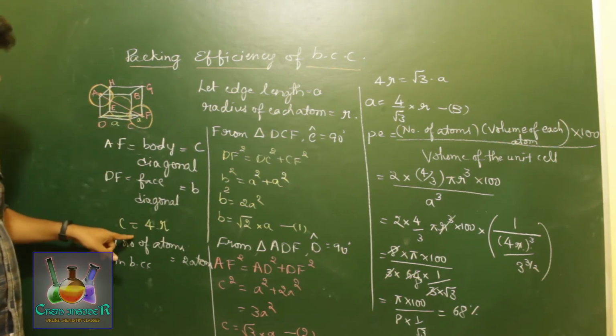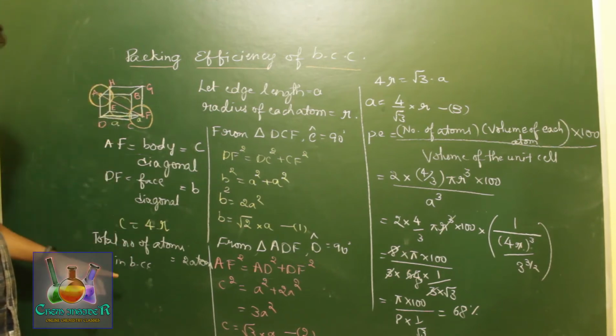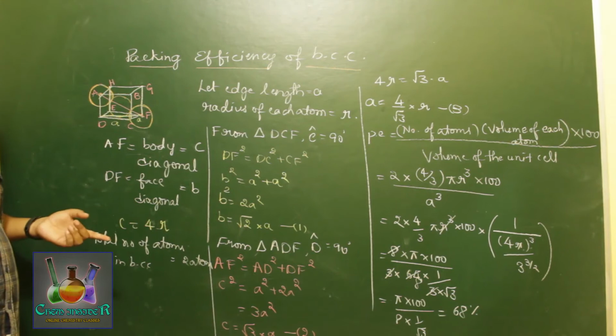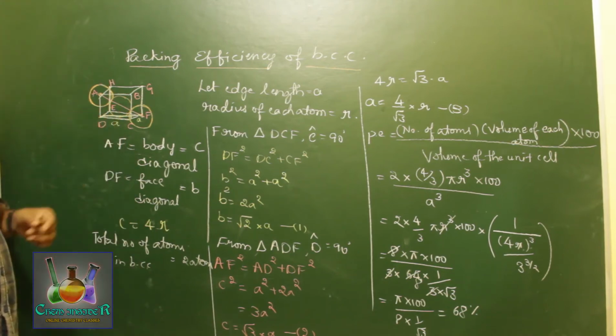So totally C will be equal to 4R, and the number of atoms in this unit cell in a complete manner will be 2, that is 8 atoms present in the 8 corners, the share of each in the unit cell will be 1 by 8, so that gives us 2 atoms with 1 atom exactly at the center.